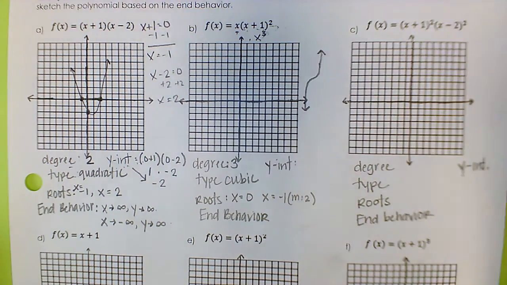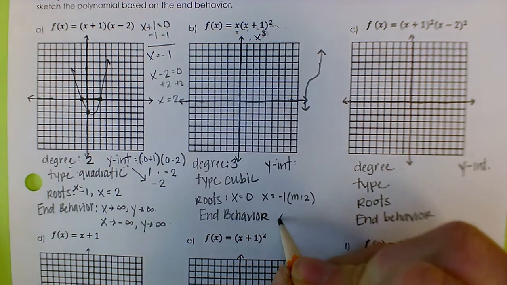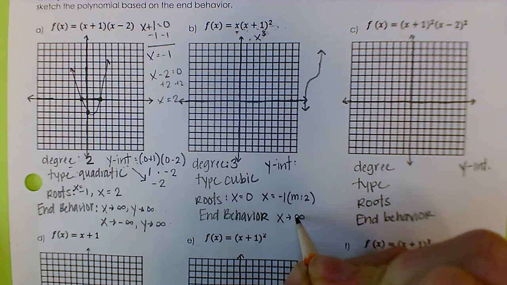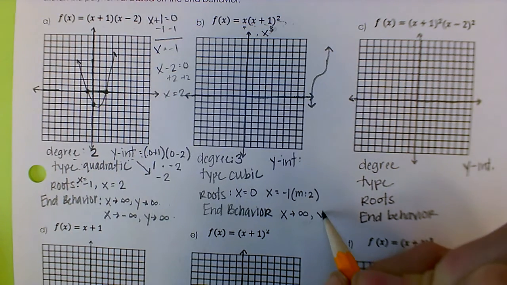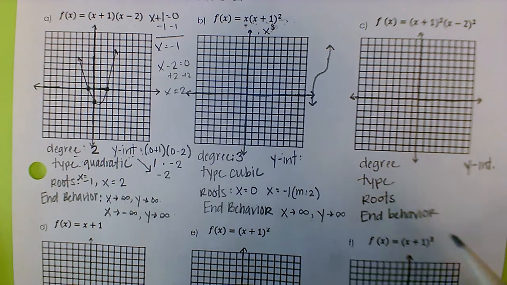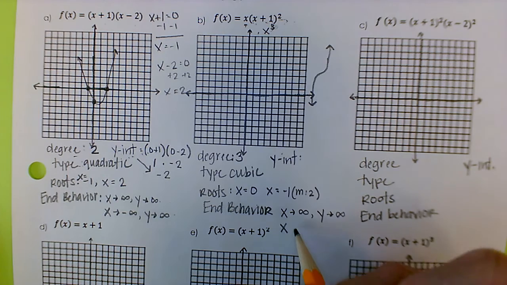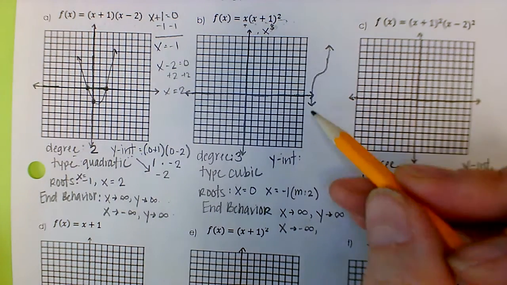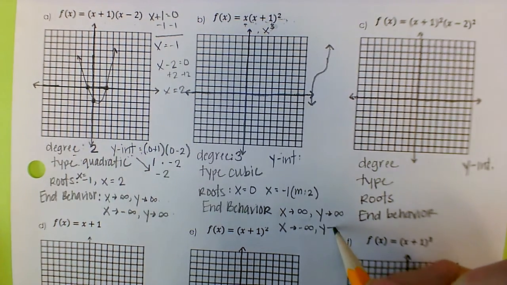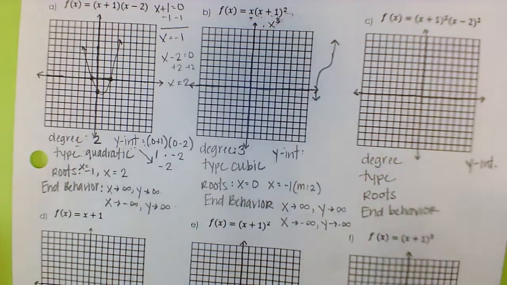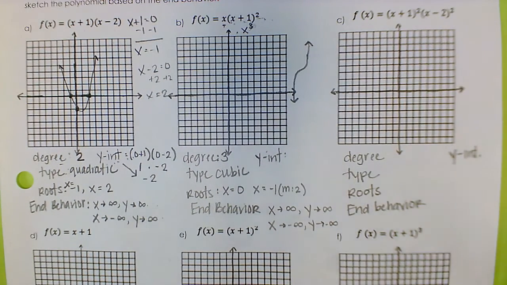And you can see that from your notes from day before yesterday. So that means that the end behavior, as x approaches infinity or gets bigger, y gets bigger. As x approaches negative infinity, y gets smaller. So y approaches negative infinity.